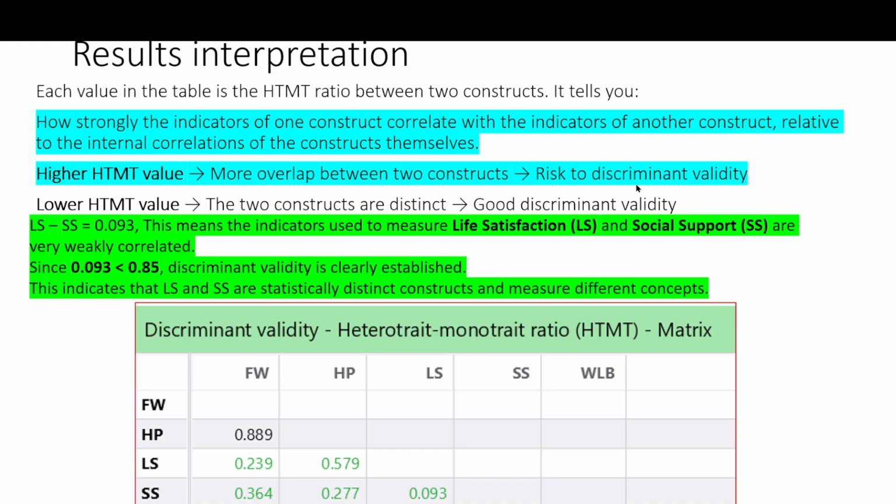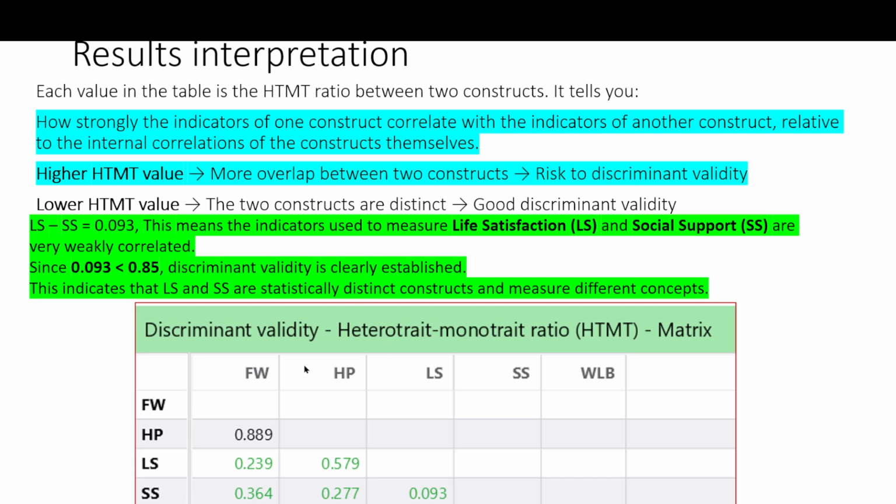If your HTMT ratio is very high, the two constructs are overlapping with each other and are more prone to discriminant validity problems. And if the HTMT ratio is lower, it indicates that the two constructs are distinct from each other and discriminant validity is verified.